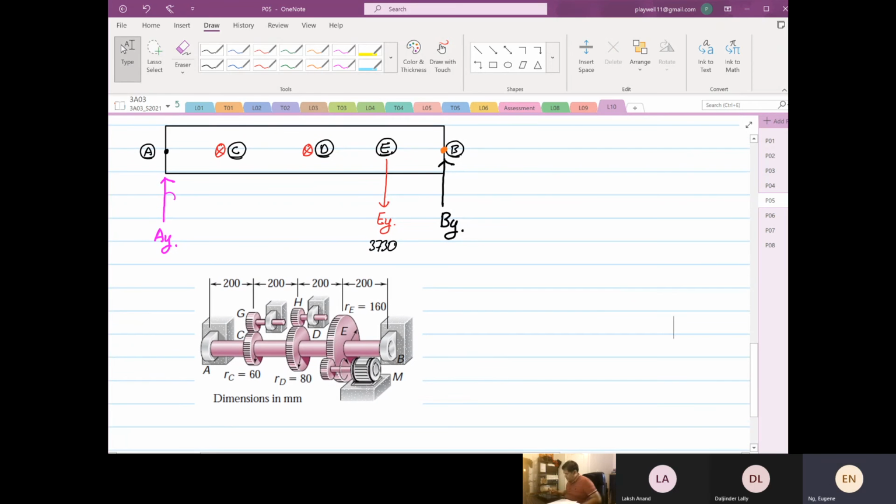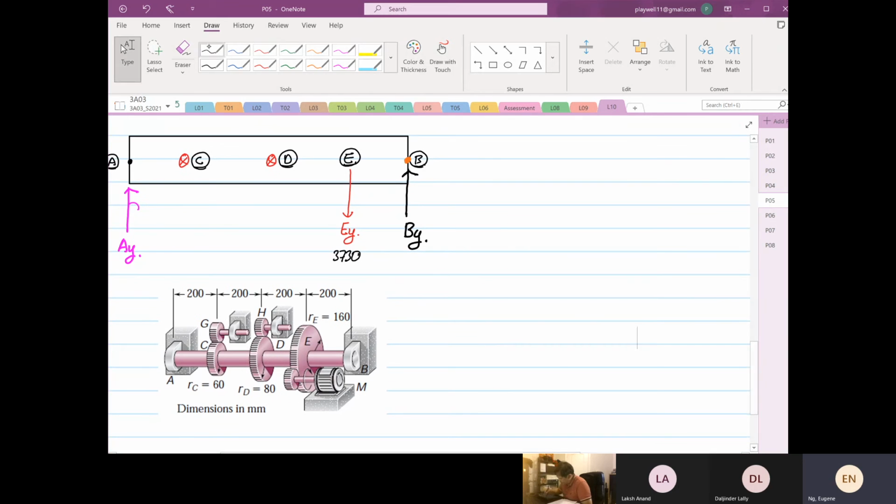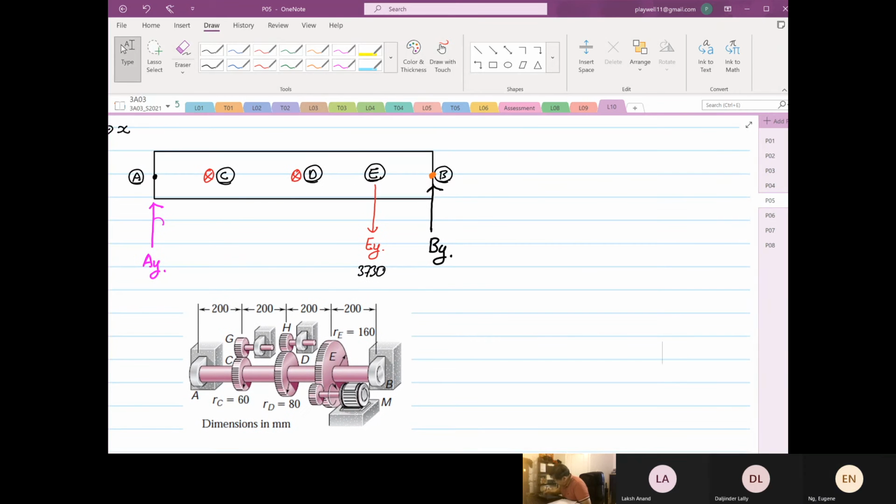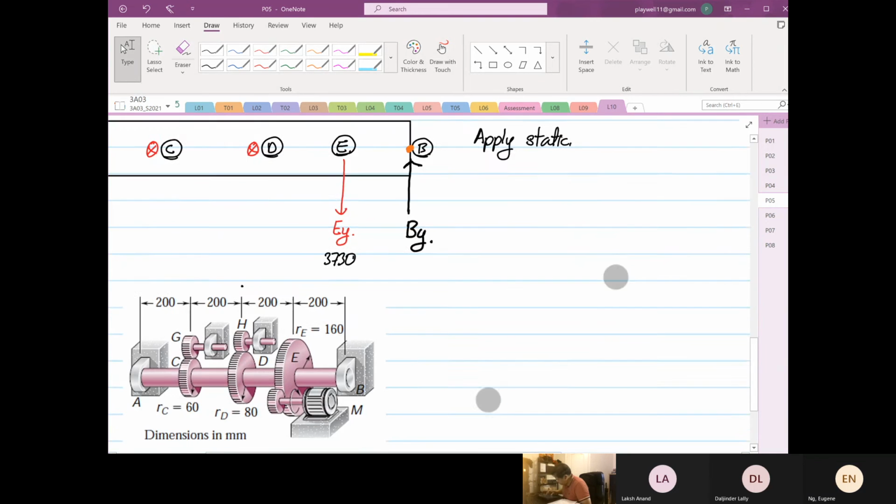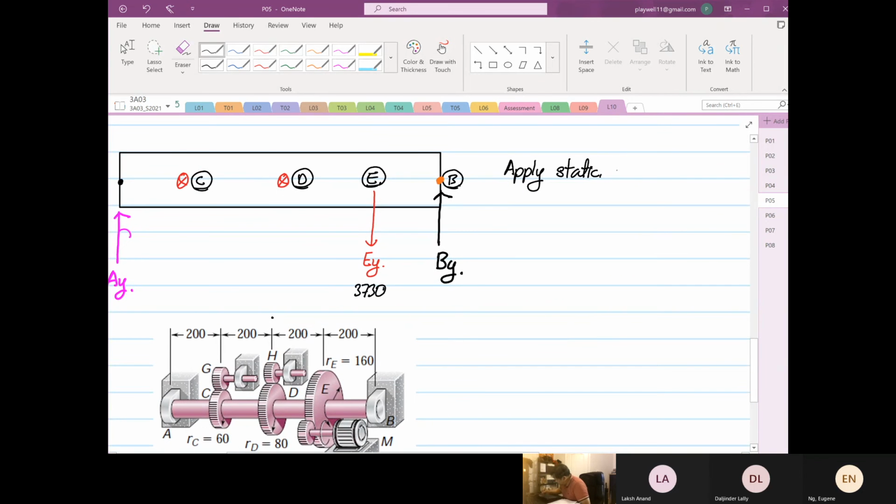So we are going to use static analysis to find AY and BY.